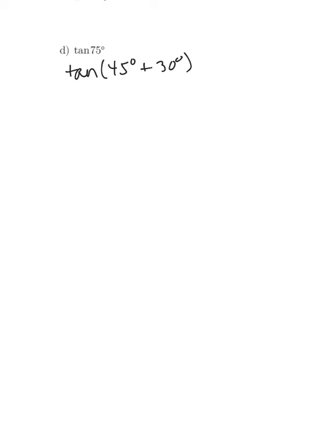Well, now we're going to put the tangent formula into practice. The tangent formula says to do the tangent of the first angle, keep the operation the same, tangent of the second angle, over 1.